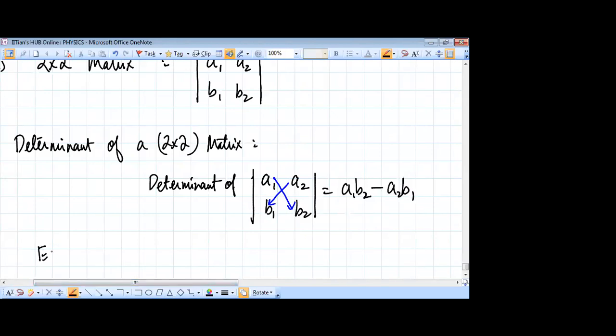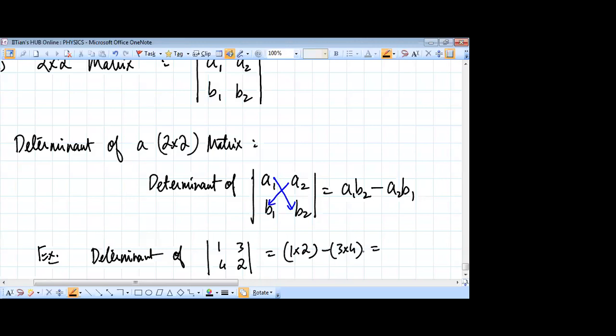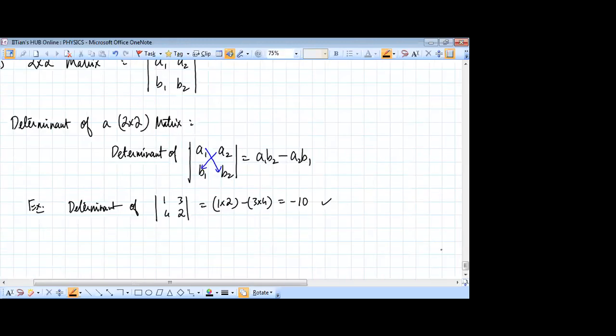So for example, determinant of, let's say, 1 3 4 2, will be 1 into 2 minus 3 into 4. So that will be 2 minus 12, so that will be minus 10. So now we'll see how we will use a determinant over here to understand this.